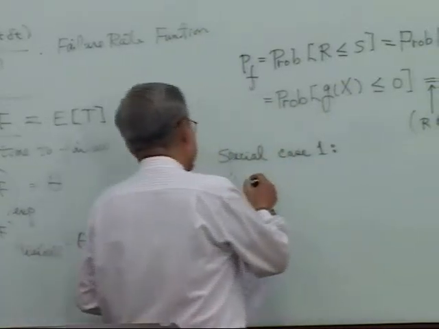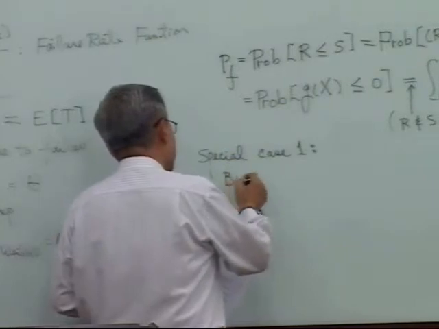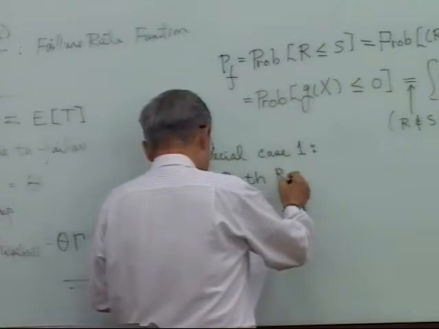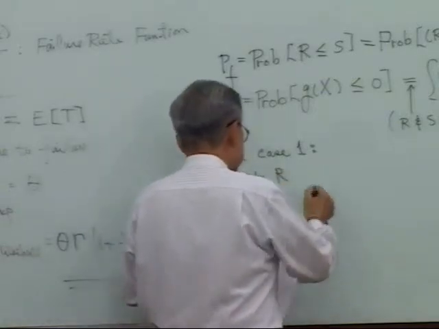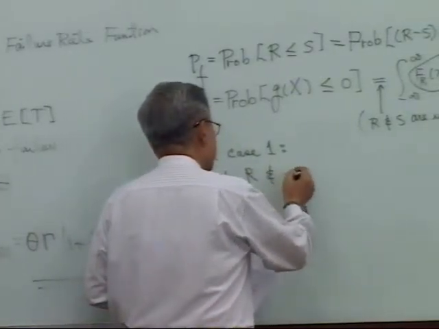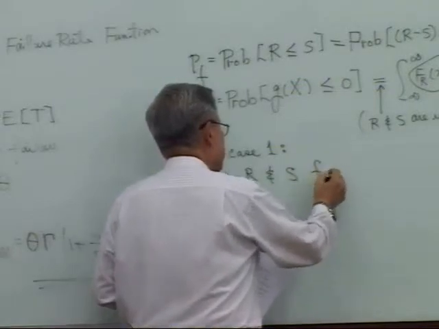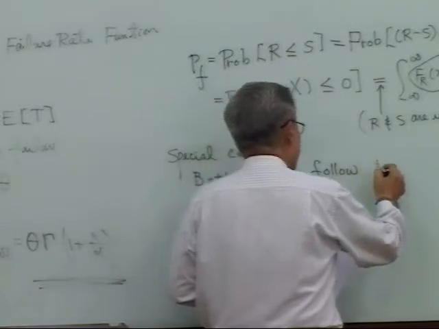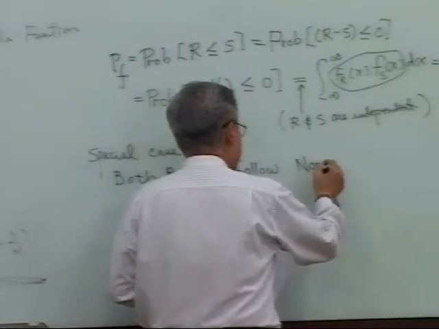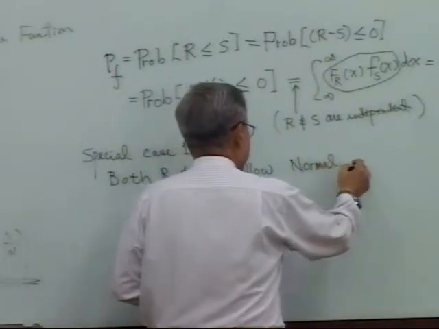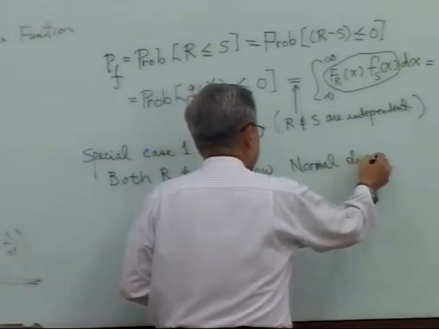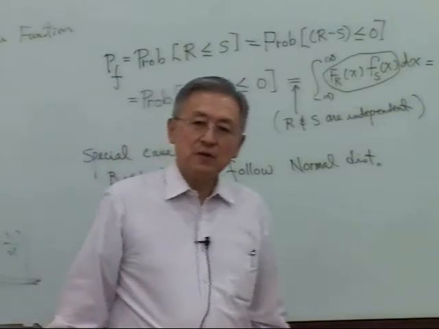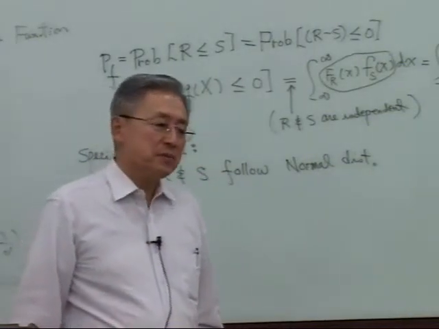Both R and S follow the normal distribution. You have to develop the probability model.